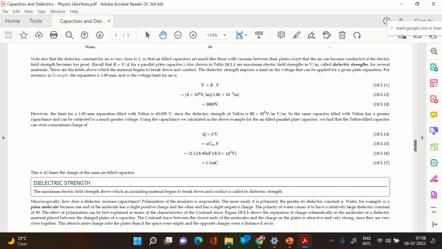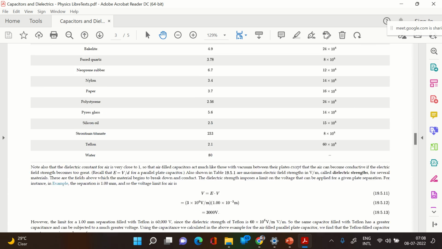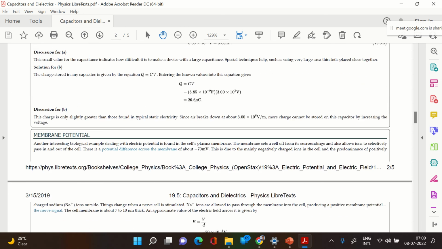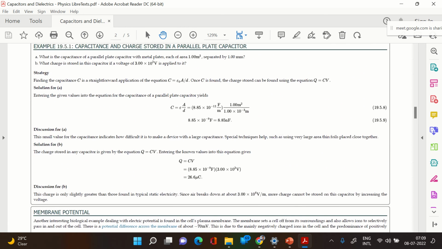If you calculate it carefully, the capacitance will be around a few nanofarad. So it is very difficult to store charges.